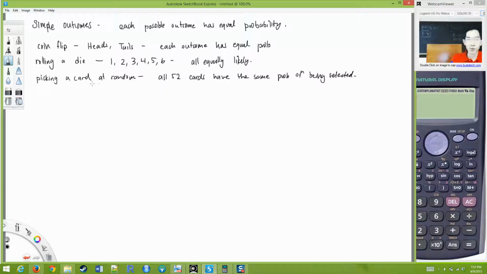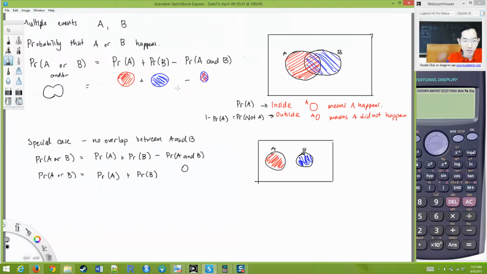Okay, and so when you have simple outcomes, each outcome is also mutually exclusive, meaning there's no overlap between outcomes. Okay, which is actually this situation over here. This is an example of mutually exclusive.